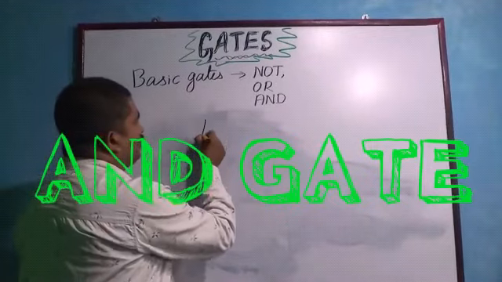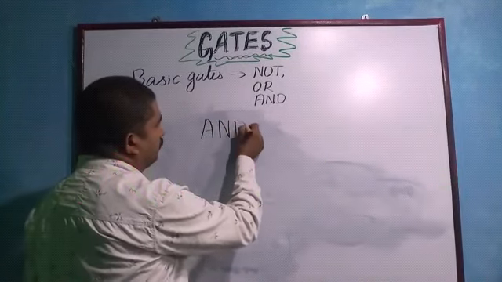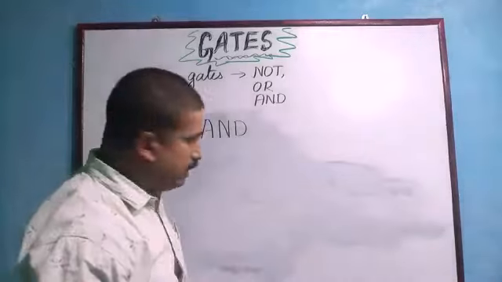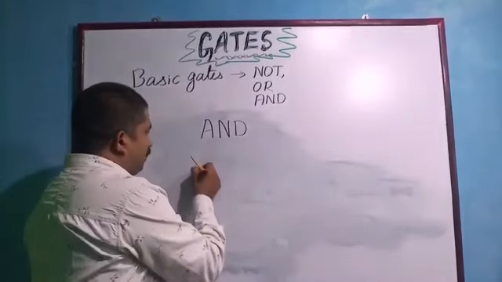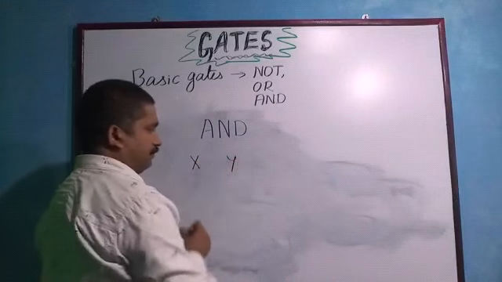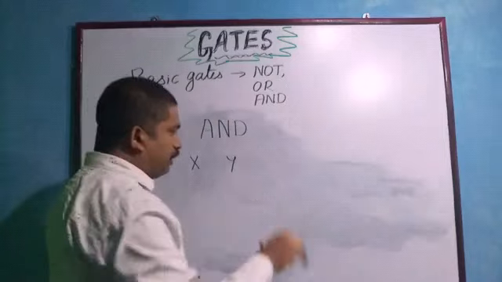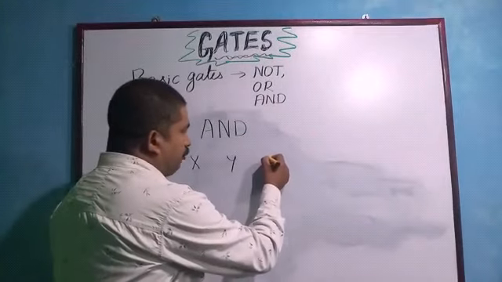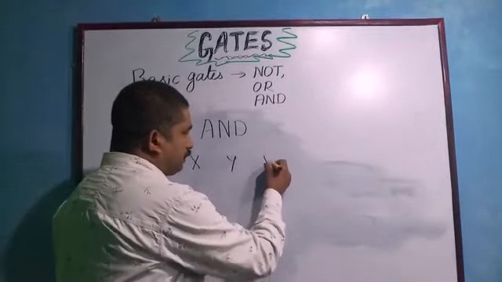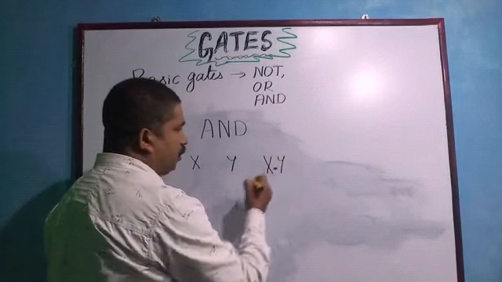So minimum there must be 2 input signals. Let it be X and Y. Then what will be the output? It is in the form of multiplication, product. X into Y, to remember. So we put the dot here.